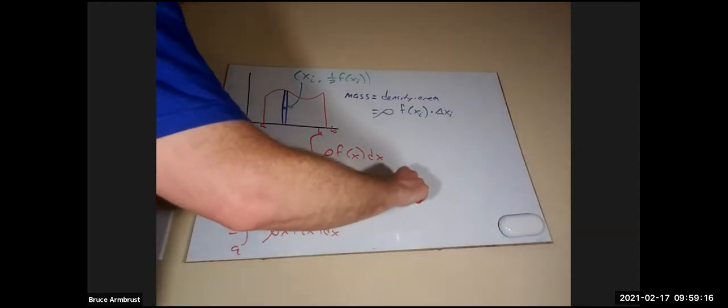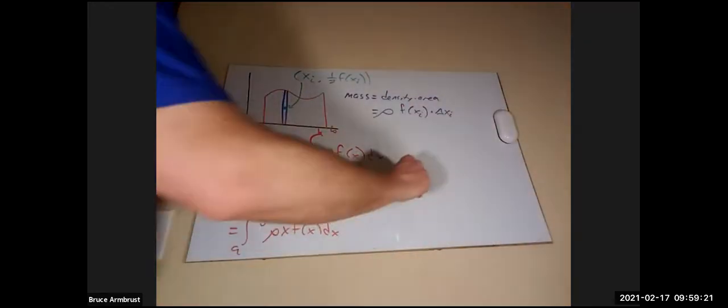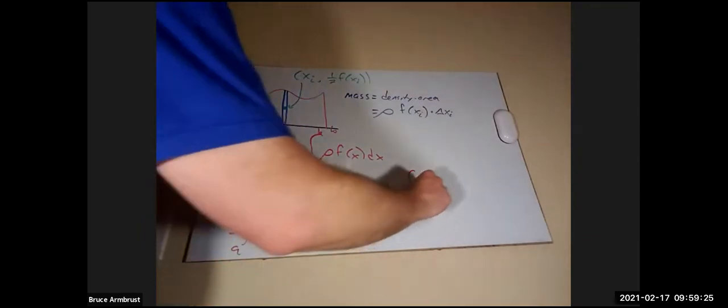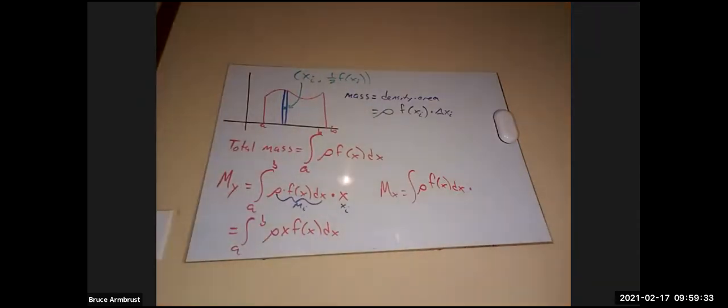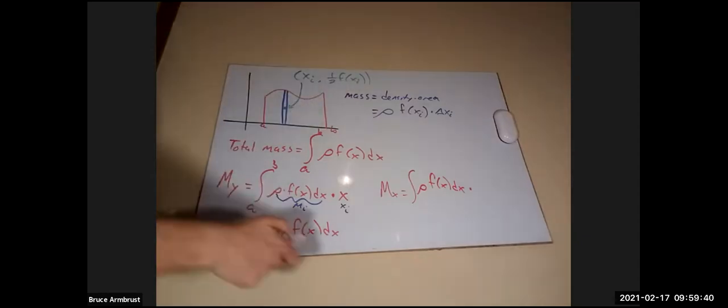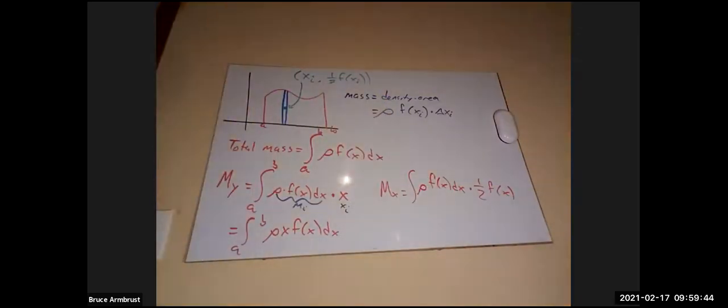So then let's go to Mx. This is going to be the one about the x-axis, so this is the one that's the y-coordinates. I'm going to do the same thing where I need to take its mass. Mass is rho times f of x dx. But then I need to multiply by the y-coordinate, and the y-coordinate, we already saw, was half of the function. So 1/2 f of x.